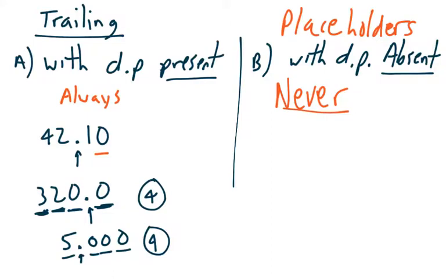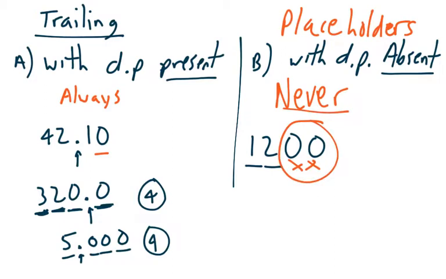Here's an example. 1,200. Notice those are trailing zeros. But notice there's no decimal point written at all. According to the rule, only the 1 and the 2 are significant. These 2 trailing zeros are not significant. Now, why are they there?